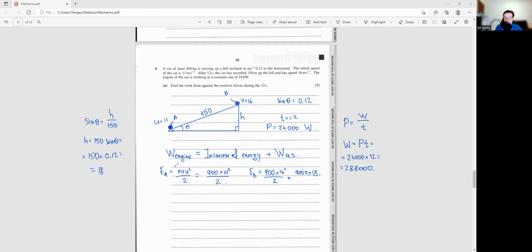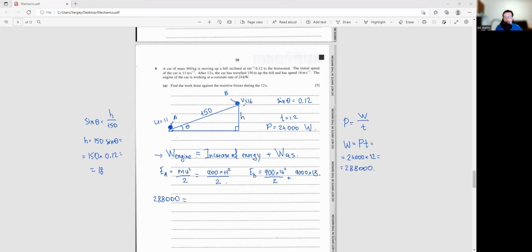Okay, now we're ready to substitute everything into this equation and find the work done against the resistance. Now, the work done by the engine is 288,000 equals to increase of the energy.